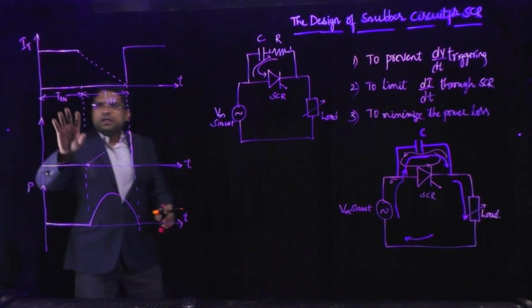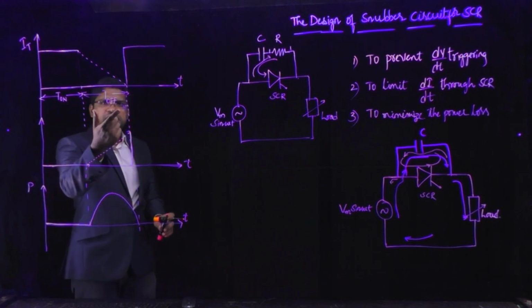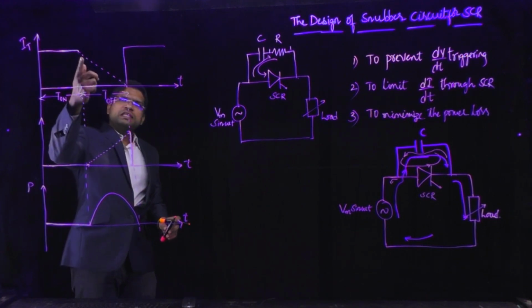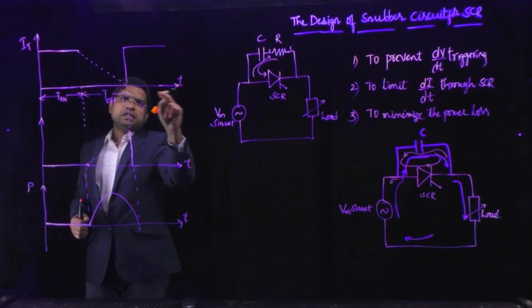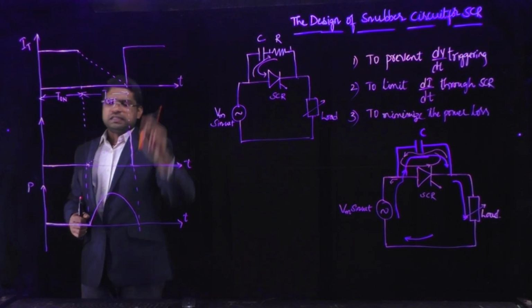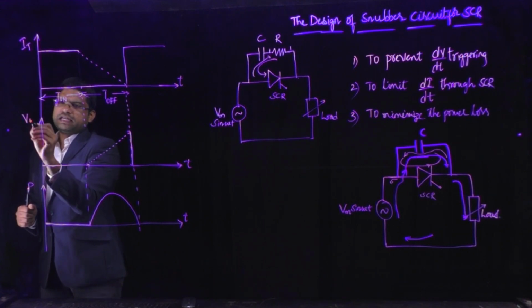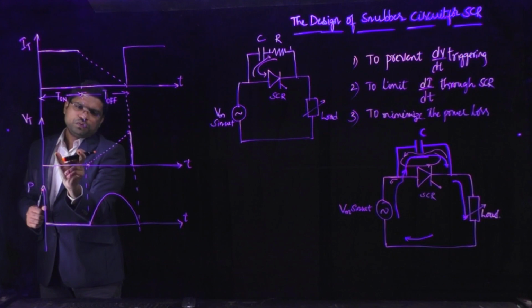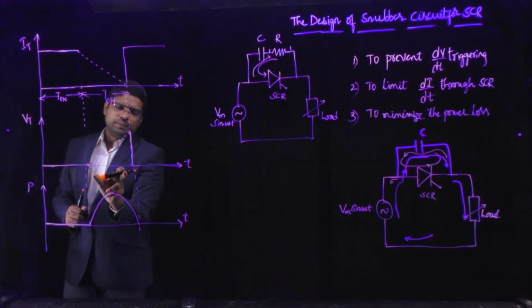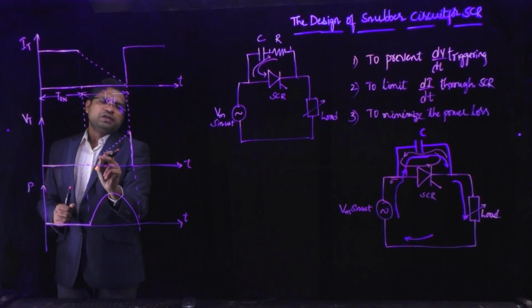During the turn on period of the SCR, there is current flowing through the SCR. Whenever the SCR is in the turn off position or forward blocking state, the current flowing through the SCR is linearly decreased. Whenever it is turned on again, the current increases. If you consider the voltage waveform, that is the voltage across the thyristor Vt, it is 0 during the turn on position of the SCR, and whenever it is in the off state, the voltage appearing across the thyristor may increase.